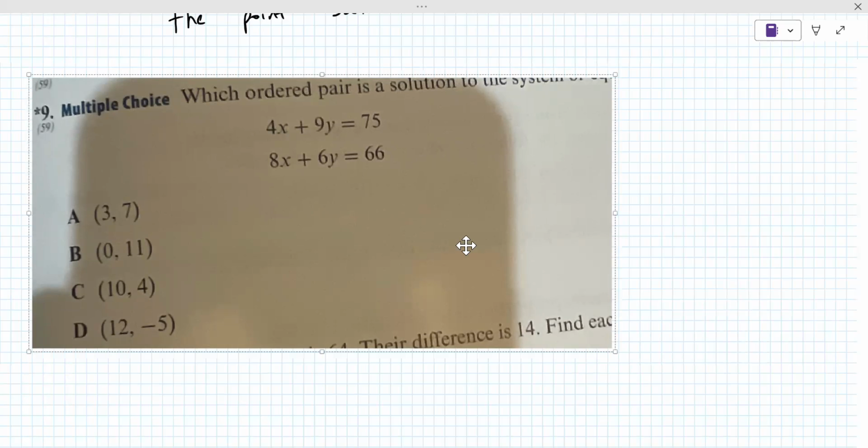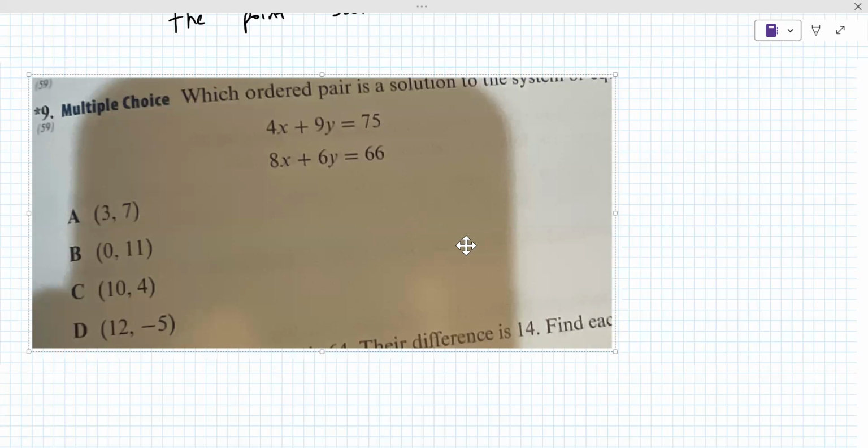So if we were to solve it, which variable would you want to eliminate? X or Y? And then what you should look for is, does one of the coefficients go into another? Yeah, I'd say Y. So you're saying that 6 goes into 9?